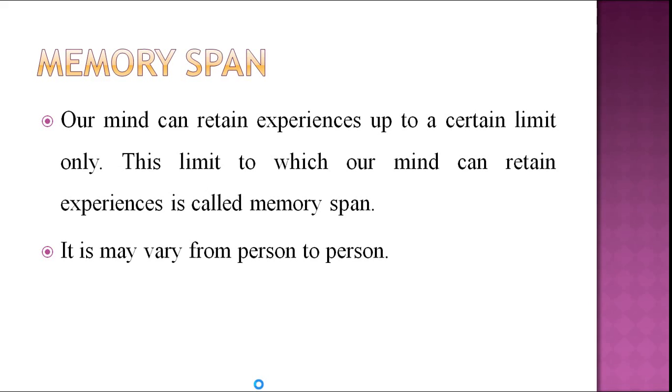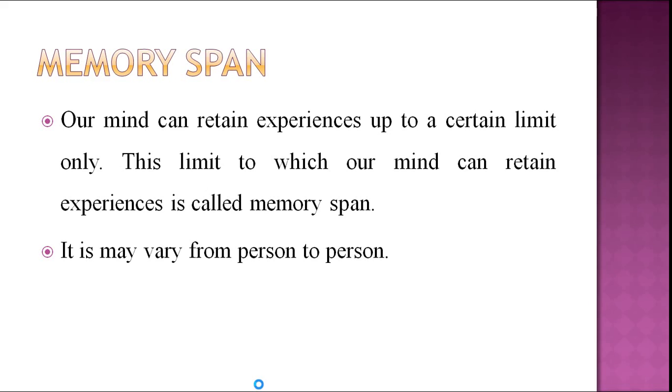We can't retain everything which we see or observe, or any object which comes to us. We can't retain all the things because of memory span; there is a limitation in our brain, in our memory. So memory span is nothing but the limitation inherent in our memory. It is different from person to person.